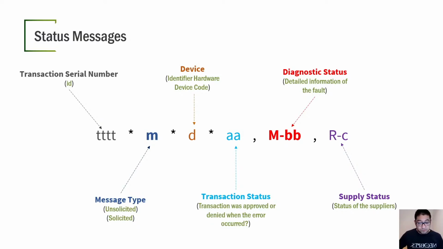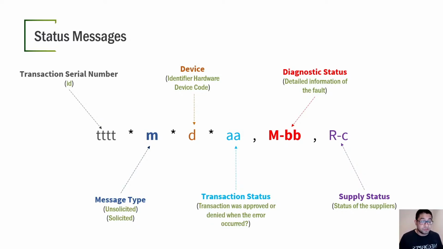So for example, if I have a transaction error in the dispenser, we could have a lot of errors in the dispenser. But this transaction status will tell me what happened: if no bills were delivered, if only partial bills were delivered, if the dispenser doesn't know what happened to the money.